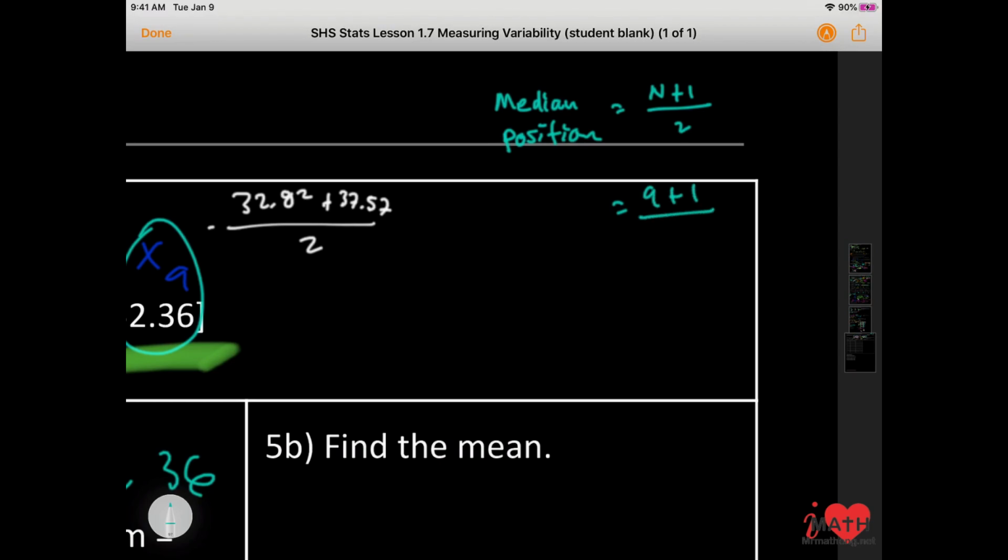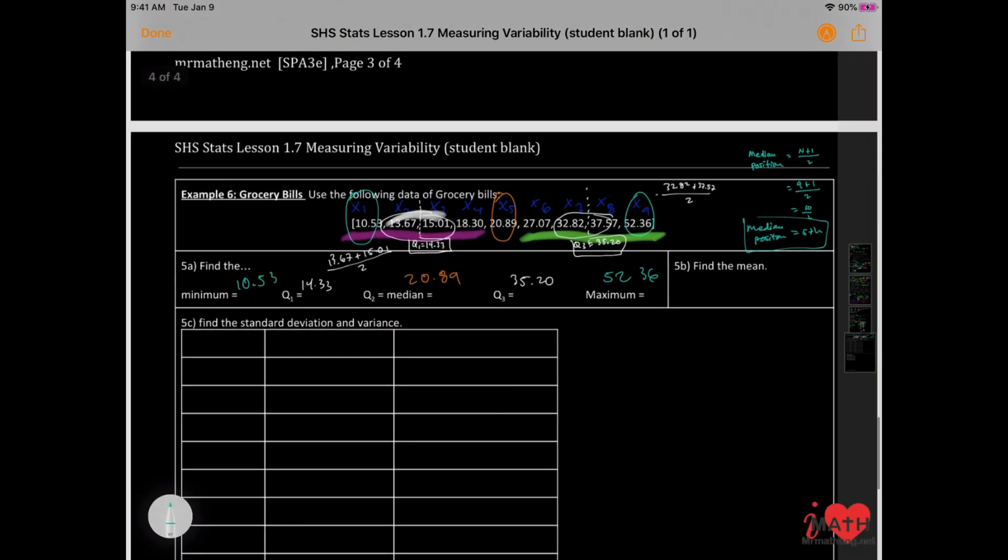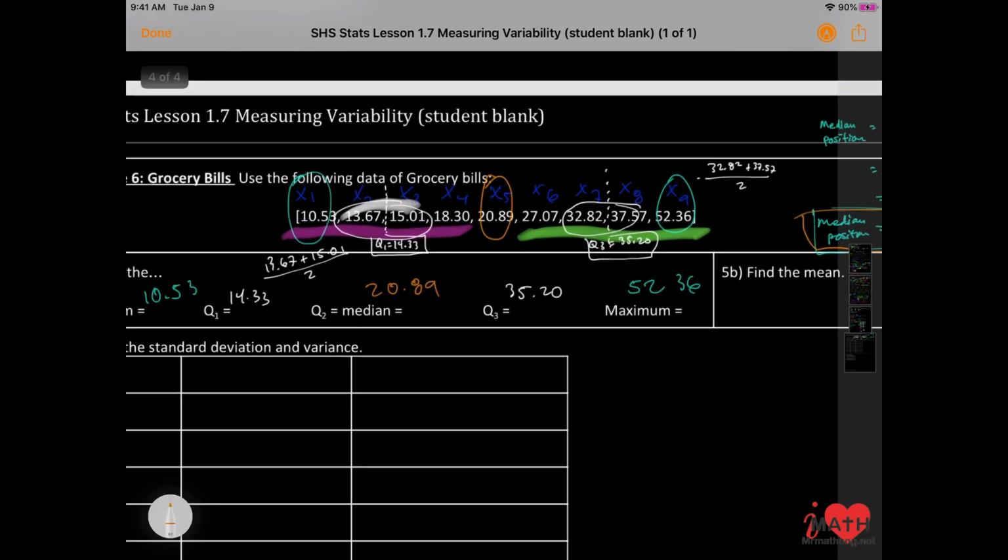And then you use this median position formula. 9 plus 1 divided by 2 is 10 divided by 2, which means fifth. The fifth is the median position. Does that make sense? That's why I circled it in orange. So I'm just trying to show you a different way of finding that circled number in orange.